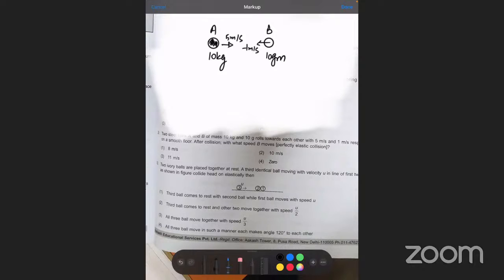Now, what do they want? I told you they will ask the velocity of the lighter body. Always they will do this. So the velocity of small body is equal to 2 into velocity of heavy body minus velocity of light small body.